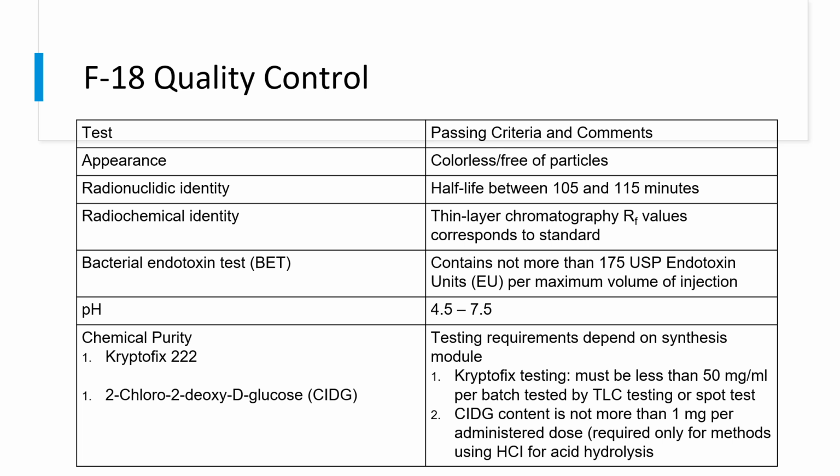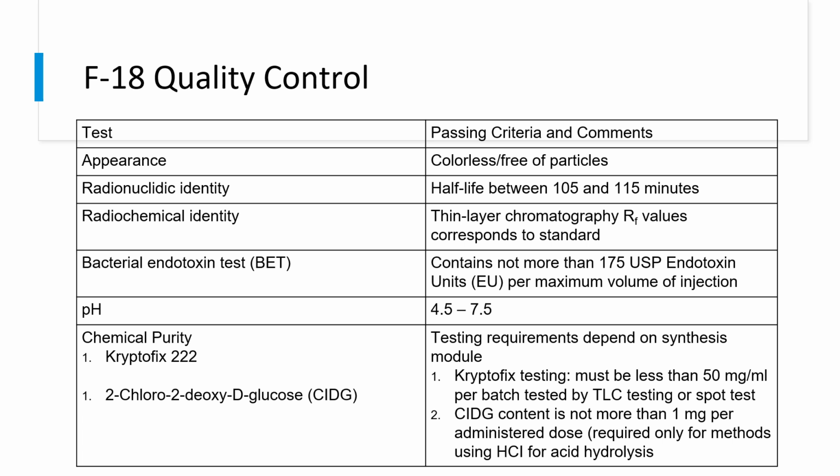But that's the BET, or the bacterial endotoxin test, and it must contain not more than 175 USP endotoxin units, which are essentially a made-up unit by the USP of how many bacteria or how many endotoxins are allowed per volume. The pH needs to be about 4.5 to 7.5.